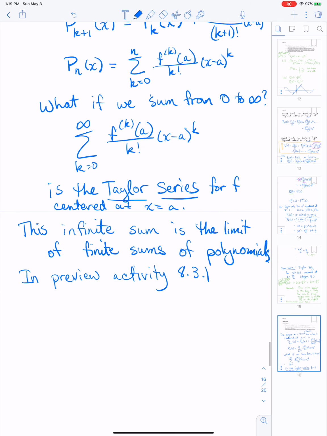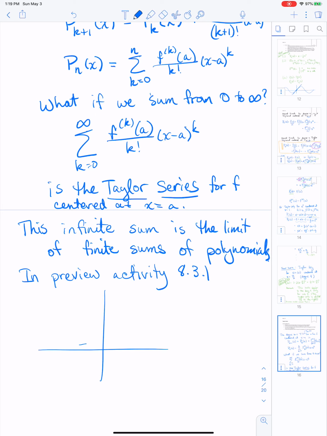Right, so let me go ahead and sketch what I'm saying here. So we have this function e to the x, right? And this is at 1, this has height e.